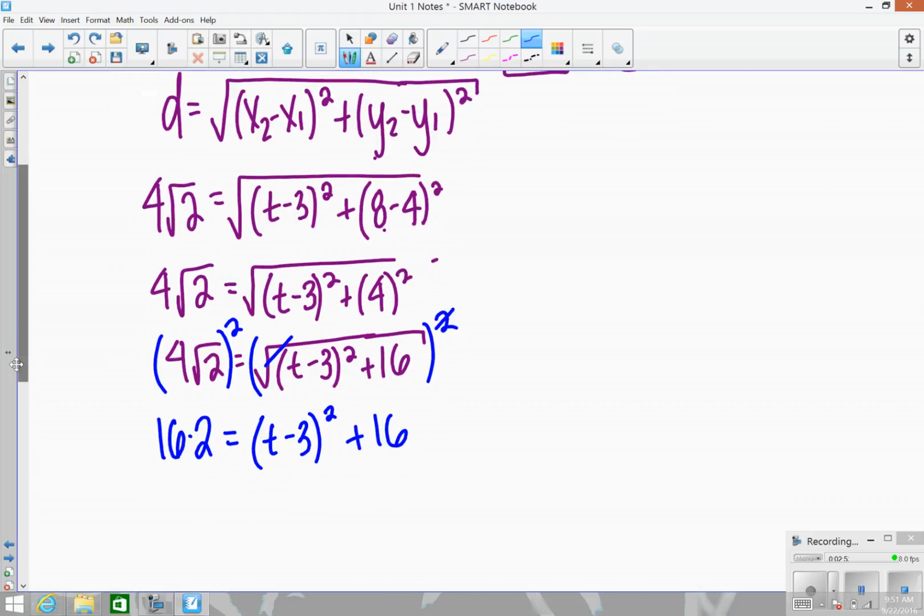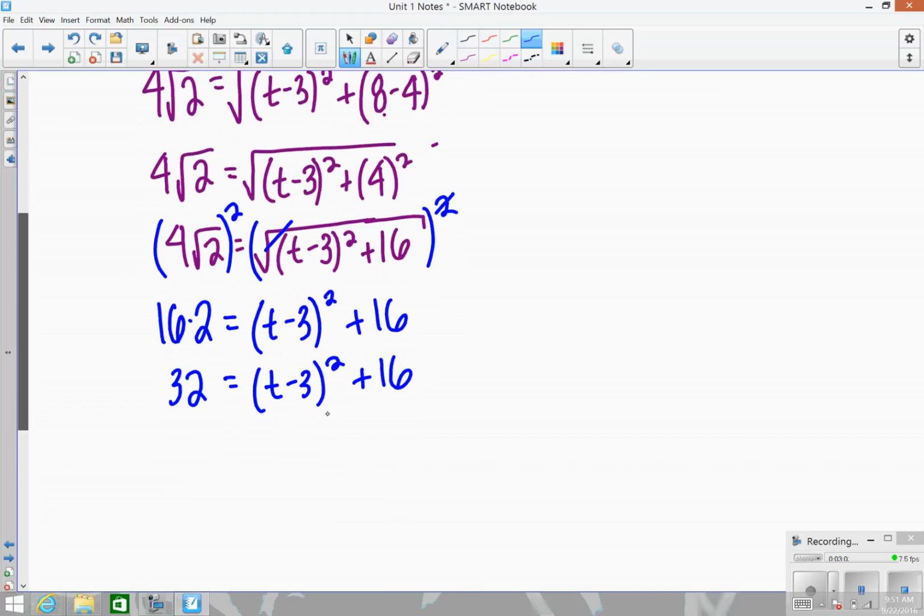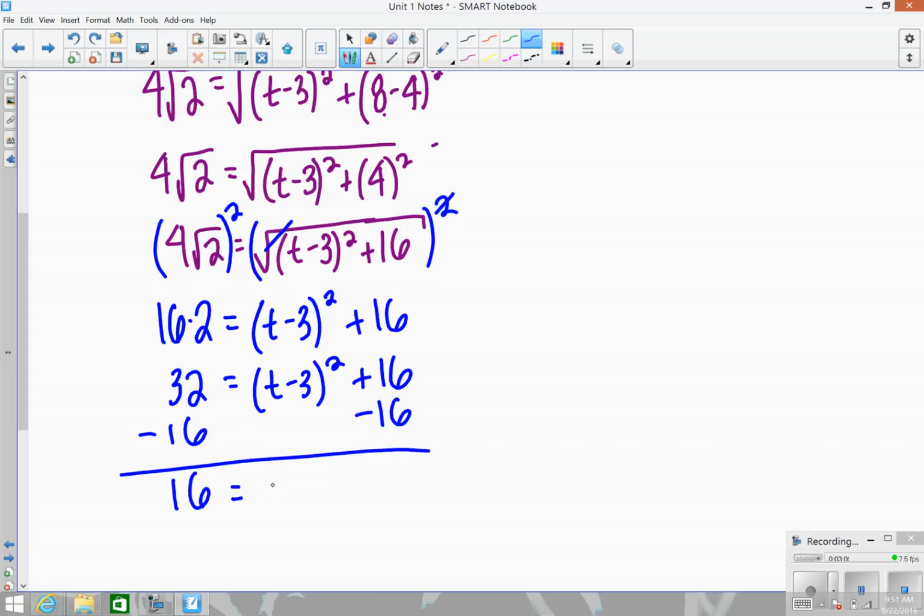Over here, 16 times 2 gives me 32. Just carry this side down. I'm trying to get t by itself, so move this 16 over. So we get 16 equals (t minus 3) squared.